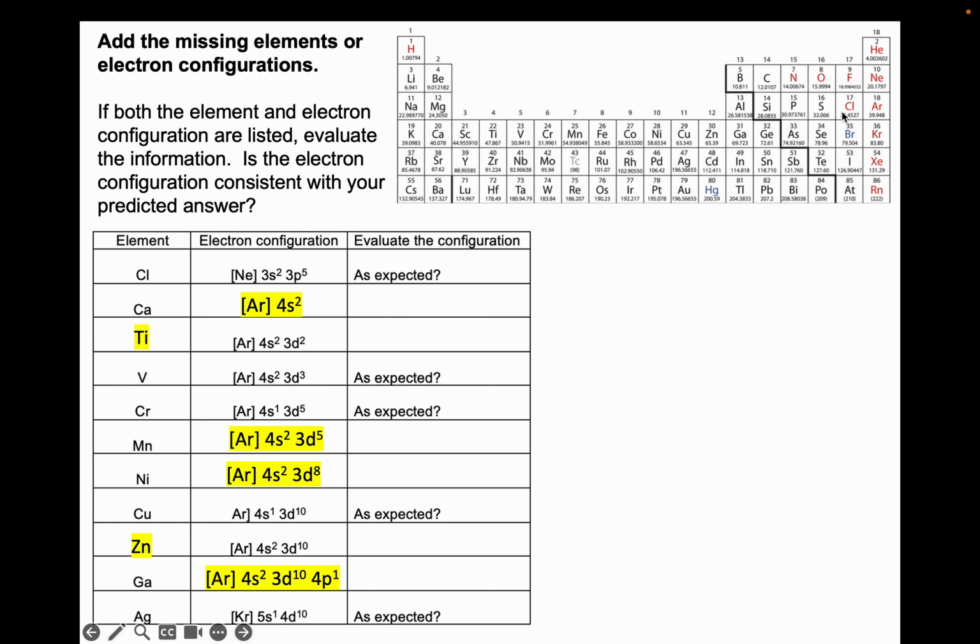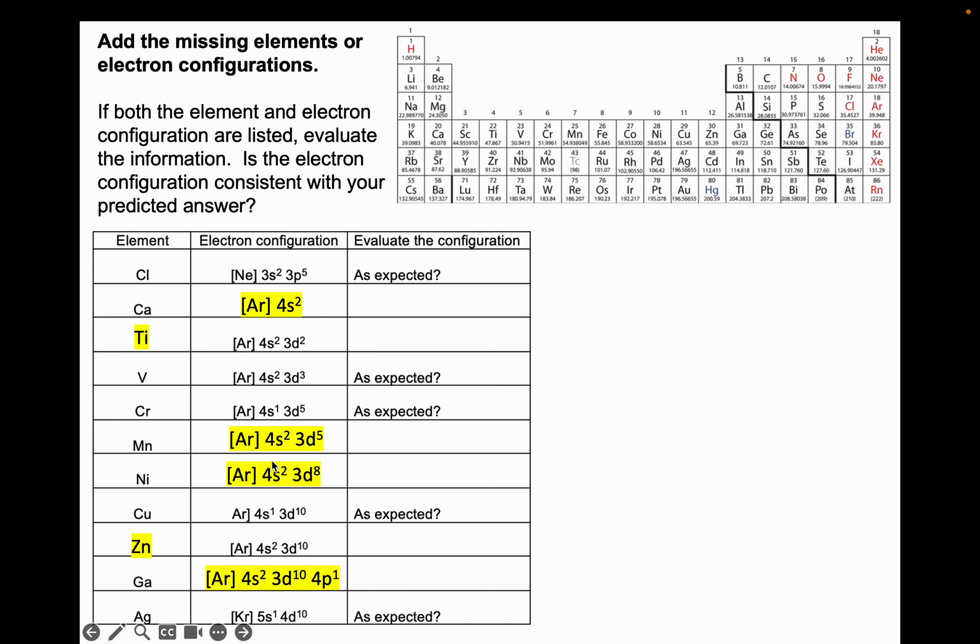Titanium would be beginning with argon, 4s2, 3d2. If we go down here for manganese, that would begin to have the argon, and then what comes after that? 4s2, 3d1, 2, 3, 4, 5.